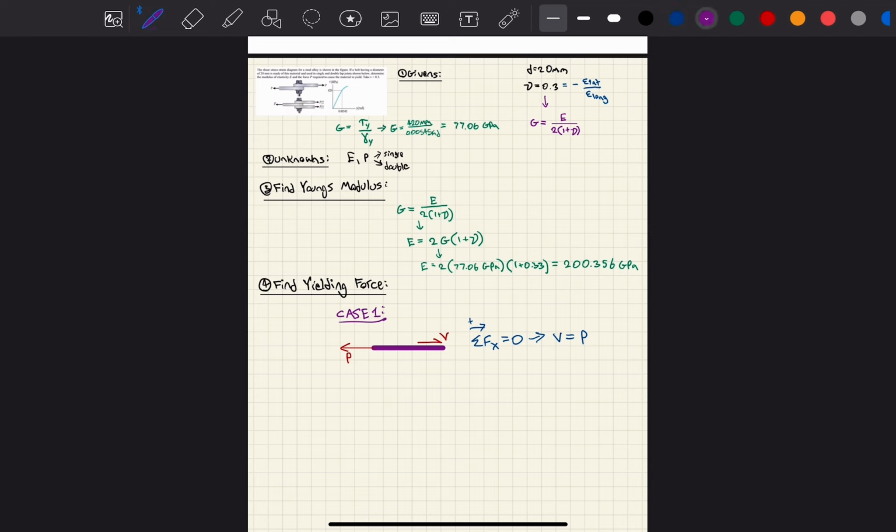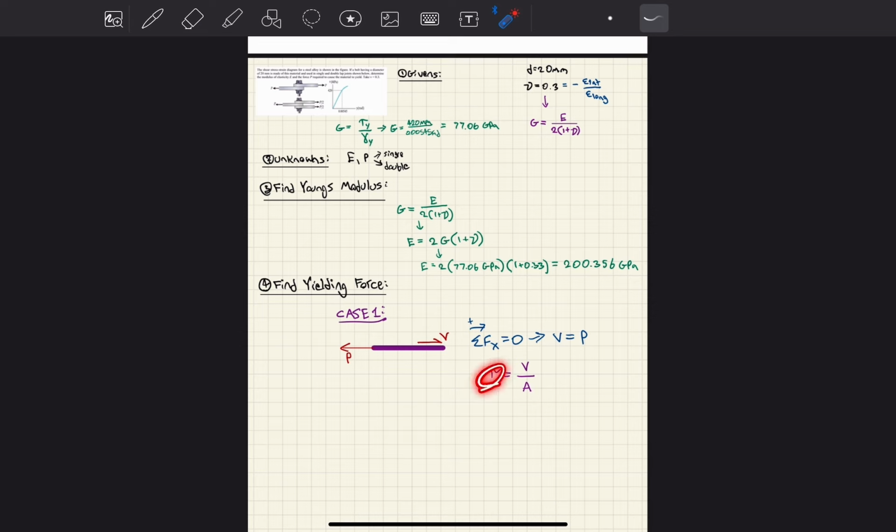We know that shear stress is equal to my shearing force divided by my area. I want to find P. Well, I can replace P with V, a shearing force, so I can plug it into this formula and isolate for V.